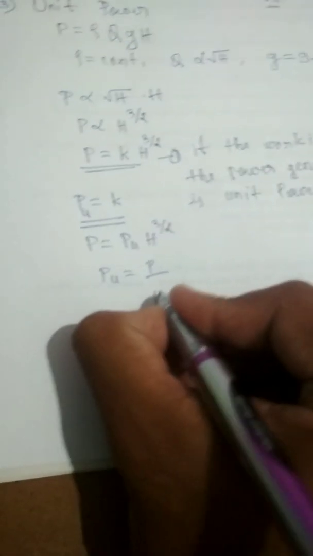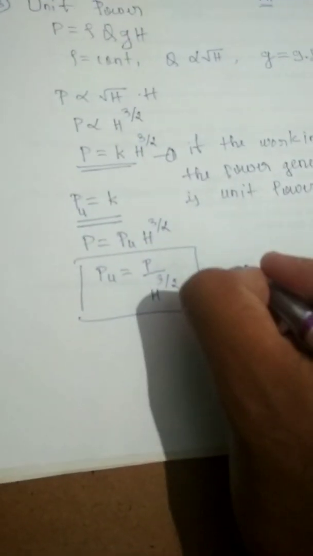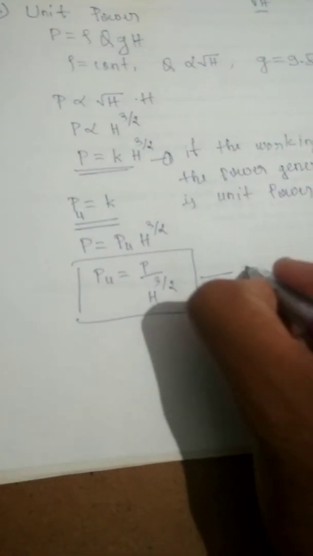Substituting this value in the equation, we get P is equal to PU H raised to 3 by 2. We can rearrange and write PU is equal to P upon H raised to 3 by 2. So this is unit power.